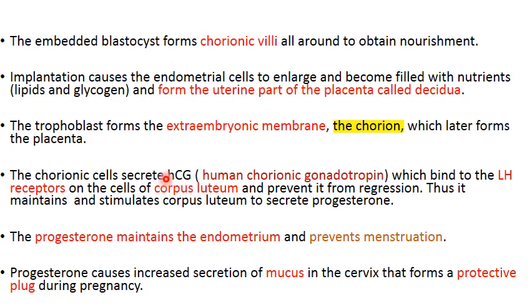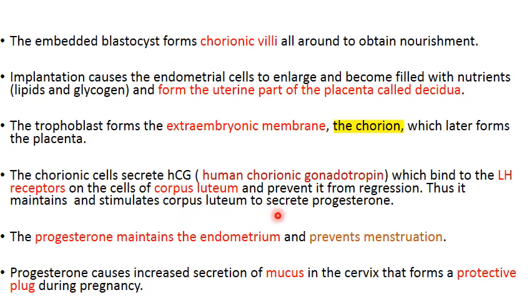Now, what is the function of this HCG? This HCG is going to bind to the luteinizing receptors on the cells of the corpus luteum. As a result, the corpus luteum will not degenerate, and thus HCG is going to maintain the corpus luteum and stimulate it to secrete progesterone.